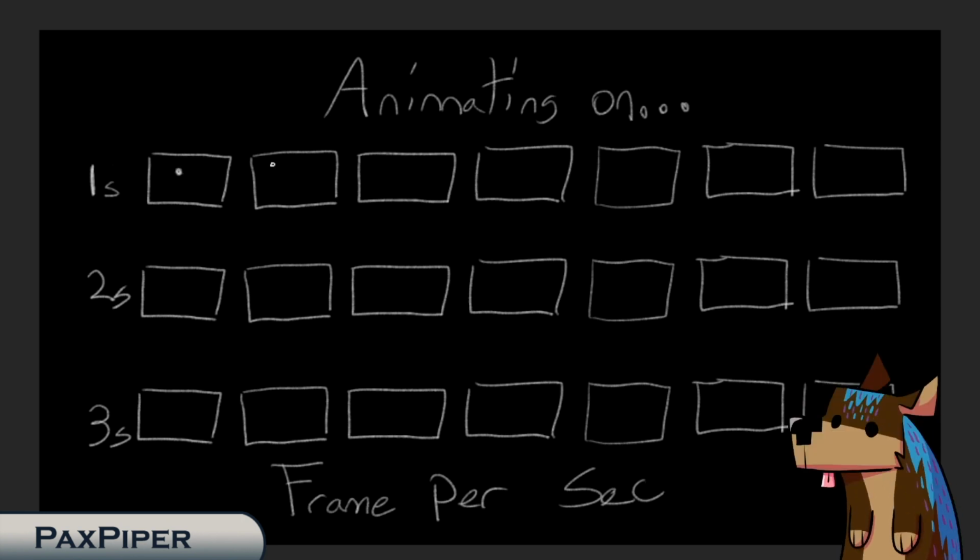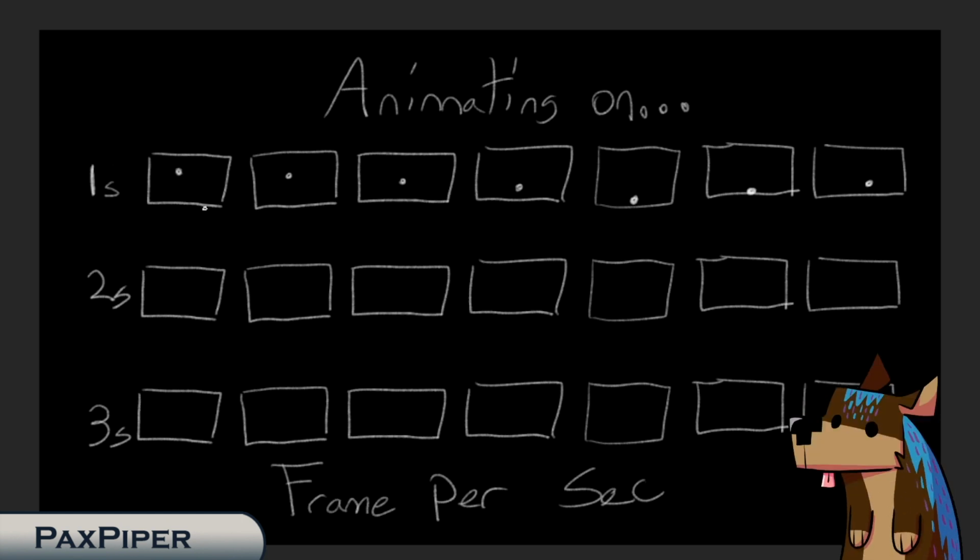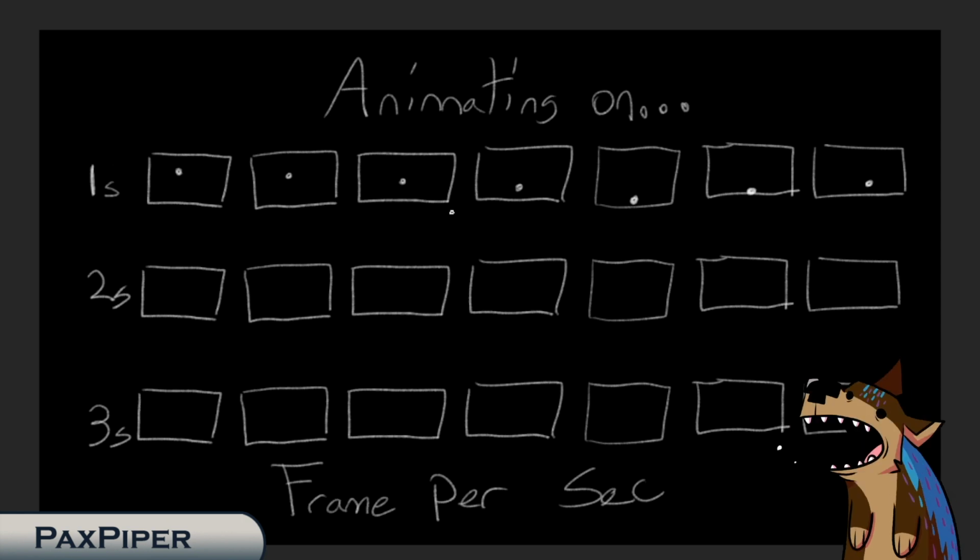You've got a ball, and it slowly goes down. Each frame is a different scene. So it's a different drawing for each frame. And that is 1 frame per second, and that's animating on 1s. Each of these is 1 frame.